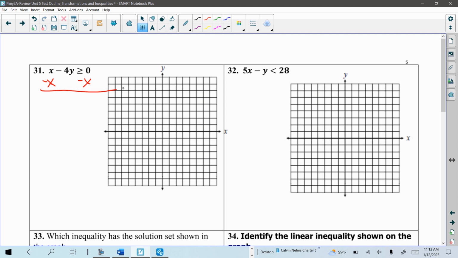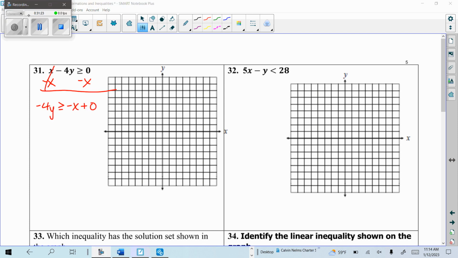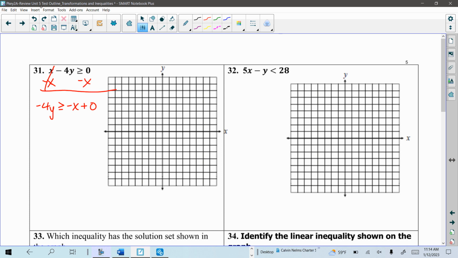Okay, this is fine, guys, but anything plus 0 is just 0, so I don't really need that. You still get to the same answer. You should be dividing by -4. This is now less than or equal to. This should be 1/4 X.